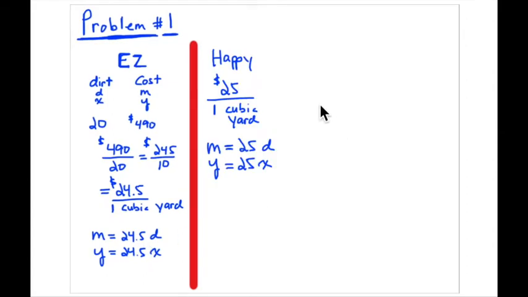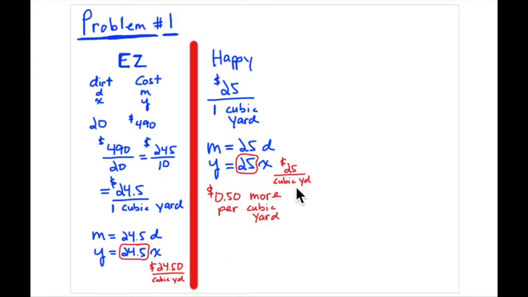For Happy Hauling, they charge $25 for 1 cubic yard of dirt. So that equation is the amount of money is equal to $25 for 1 cubic yard of dirt. This is the y value divided by x, so 25 divided by 1. So you can see that Happy Hauling Company charges 50 cents more per cubic yard of dirt.